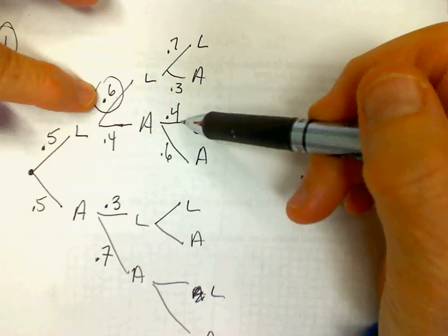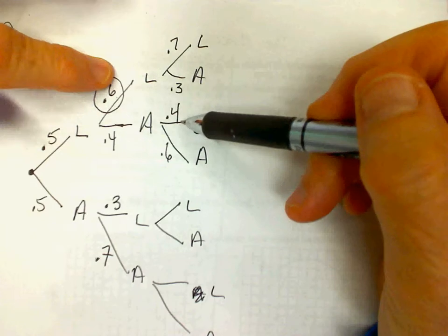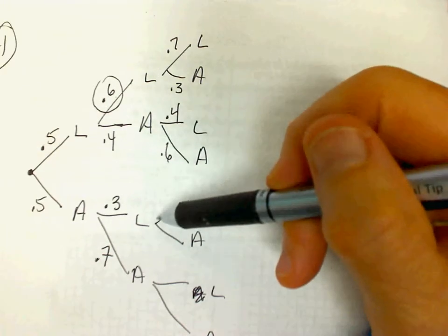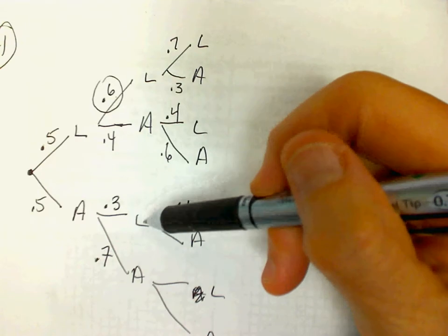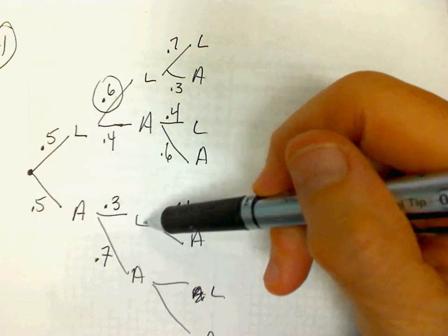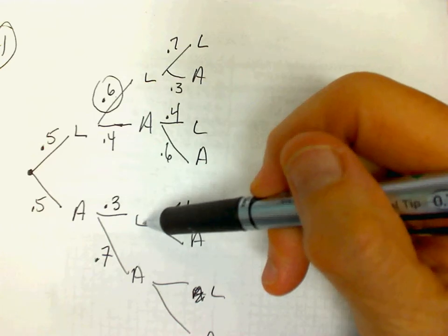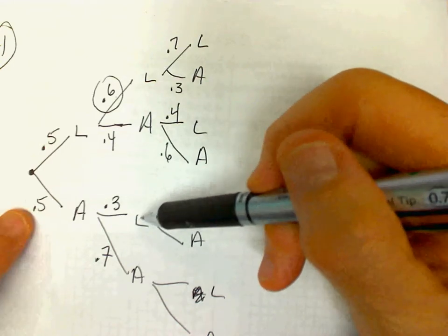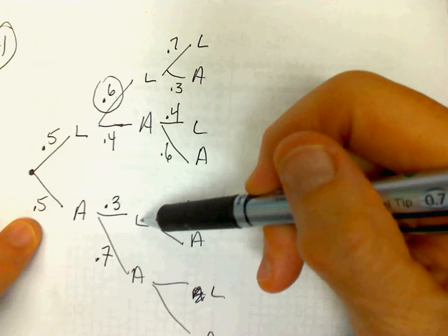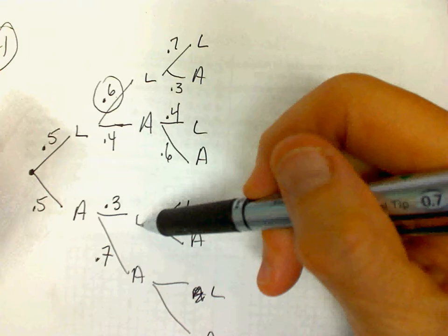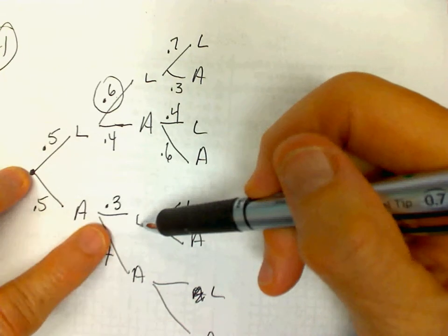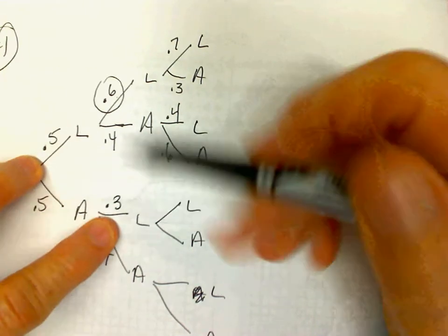Here Ling won, so his probability was 0.3, and you add 0.4, and this is 0.6.